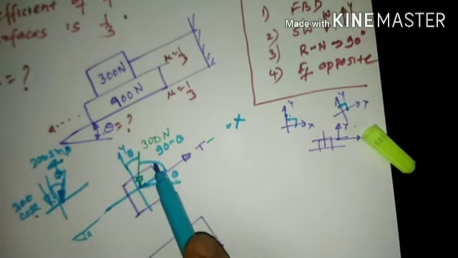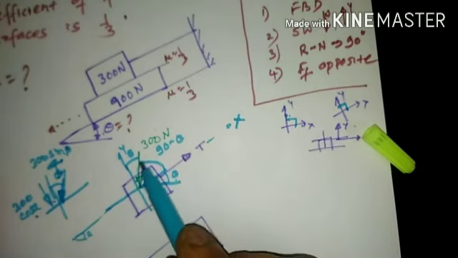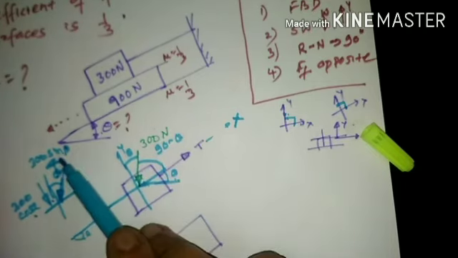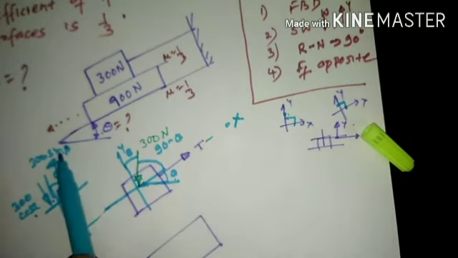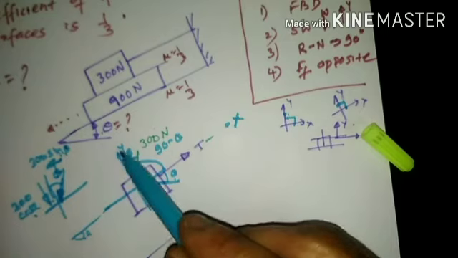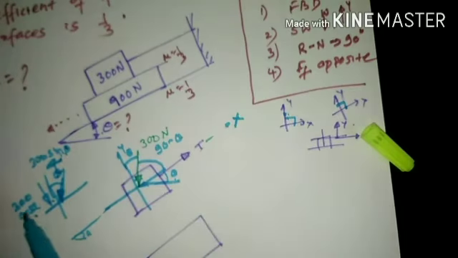So these will be the forces for the inclined 300 Newton force when it is resolved along the horizontal direction, that is along the inclined x direction, which will be 300 sine theta, and perpendicular to the x axis, which will be 300 cos of theta.